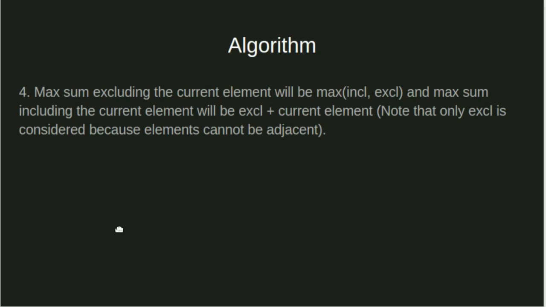Suppose we are at the ith position, so the current element would be a of i. Maximum sum excluding this current element will be max of include and exclude, and maximum sum including this current element will be exclude plus current element.